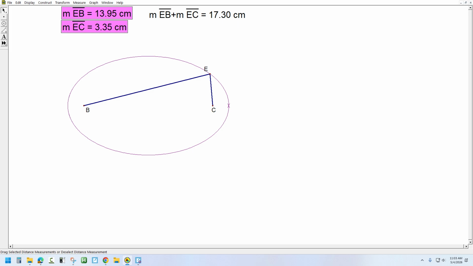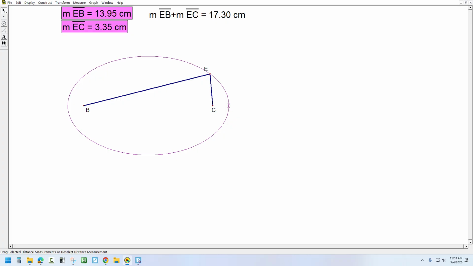Okay, so it's actually going to be measuring those 2 line segments, EB and EC. But if you add together those 2 numbers, the length of each line segment, in this particular ellipse, it will always add to 17.3.